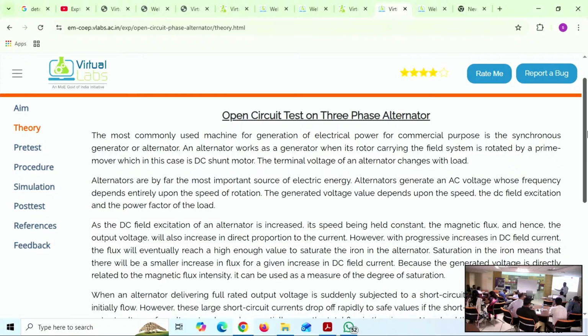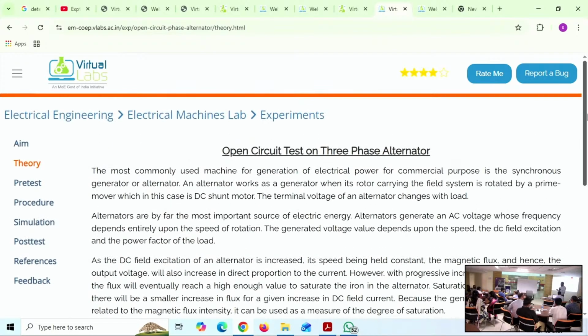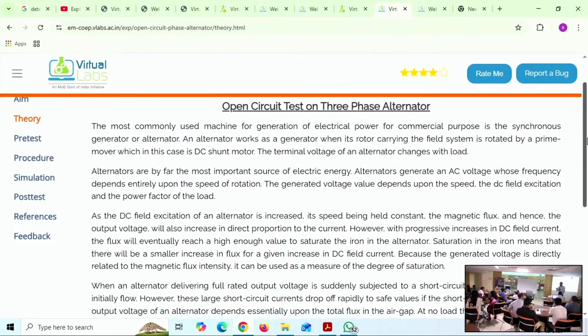But armature resistance is taken into account while doing experiments. It is the synchronous reactance we are finding theoretically, then the drops. Then how much drop we calculate from no load to full load gives us the voltage regulation. The way of calculating this is actually defining the errors.